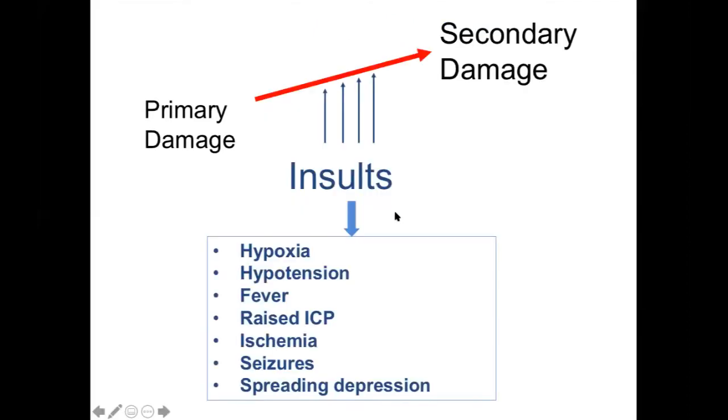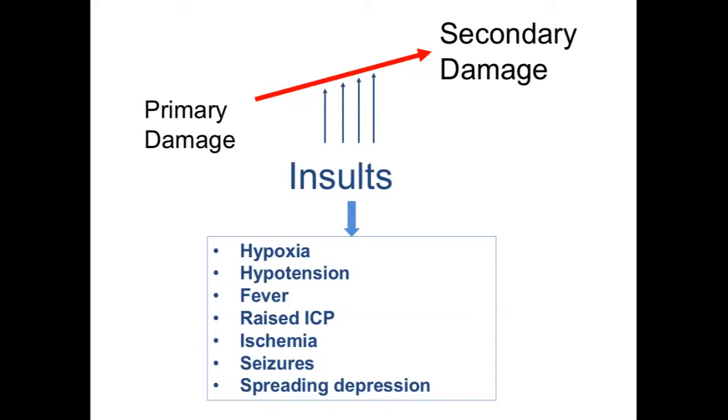So this is something that is clear to all of us. When we talk about the diseases that we treat in neuro-ICU, we know that usually there is a primary damage, and if we think of TBI, this is the damage that is due to the biomechanical forces of the impact.